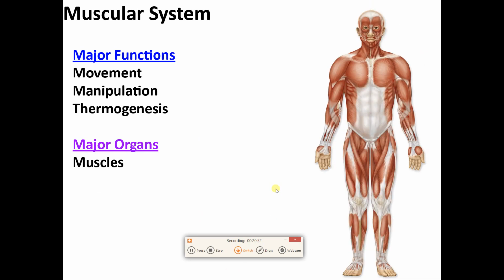Moving on, muscular system. We're also going to hit this one this semester. Big organs, of course, the muscles. Functions: movement. Every time you're moving something, whether that's your body or something within your body, or something in your environment, you're using muscles. If you're manipulating your environment, if you're using tools, using those opposable thumbs of yours, you're using muscles.